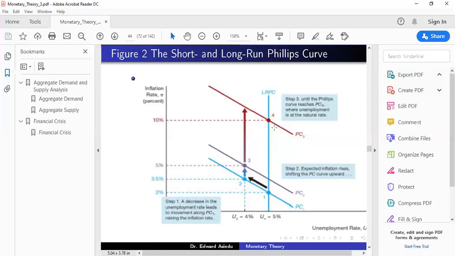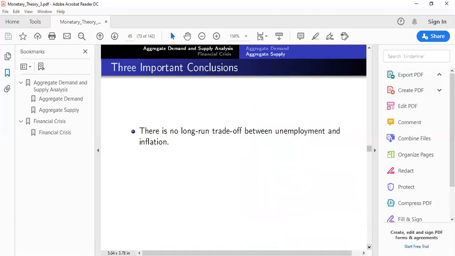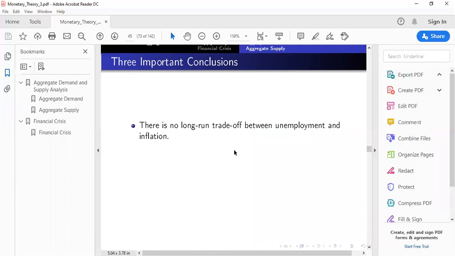But short-term measures, like the trade-off between inflation and unemployment, or putting in policy to drive prices so firms supply more and employ more, will only have effect in the short run. It will not change the structure of the economy. So it's important: there is no long-run trade-off between unemployment and inflation.